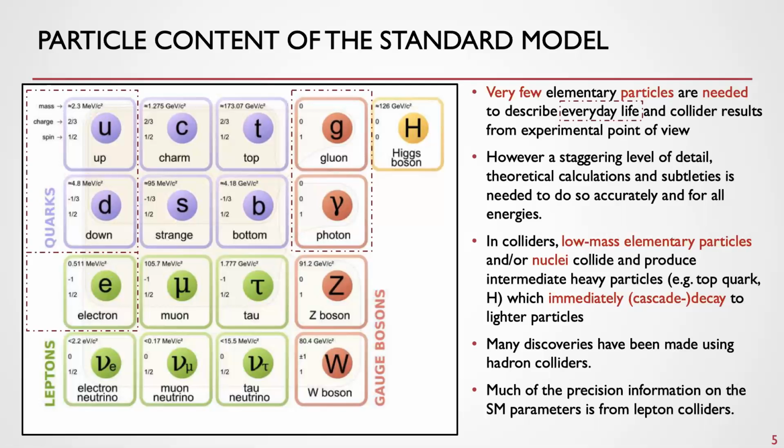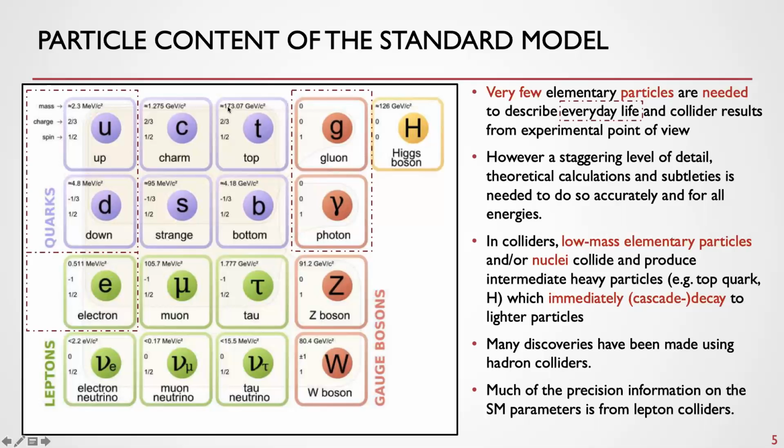In colliders, we collide low mass elementary particles, for example, the electrons, maybe also the muon in the future, but mostly the electrons, and or nuclei. Could be hydrogen nucleus, that is the proton, could be heavy ions. And then we produce intermediate heavy particles, and then they cascade to lighter particles. The up and the down quark are light. The top quark is heavy.